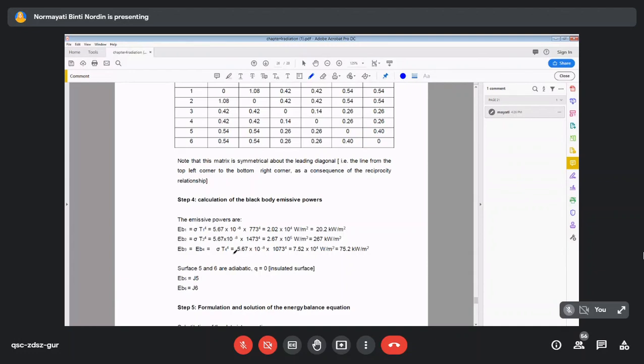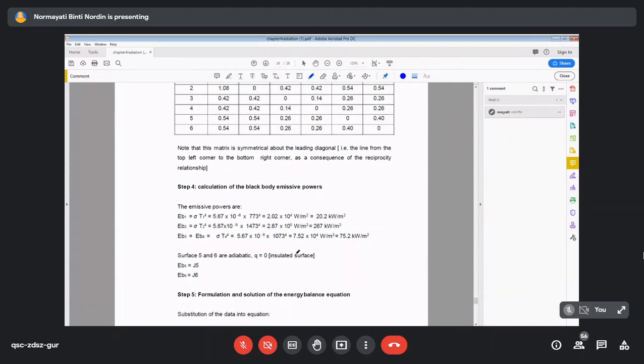But in the case of surface 5 and 6, both surfaces are adiabatic. Okay, dan kita tahu nilai black body emissive power bagi adiabatic case adalah sama dengan radiosity, sebagaimana yang dah diterangkan awal tadi. So you know that these solutions pending lah, kita tak tahu sebab kita kena selesaikan dulu radiosity.